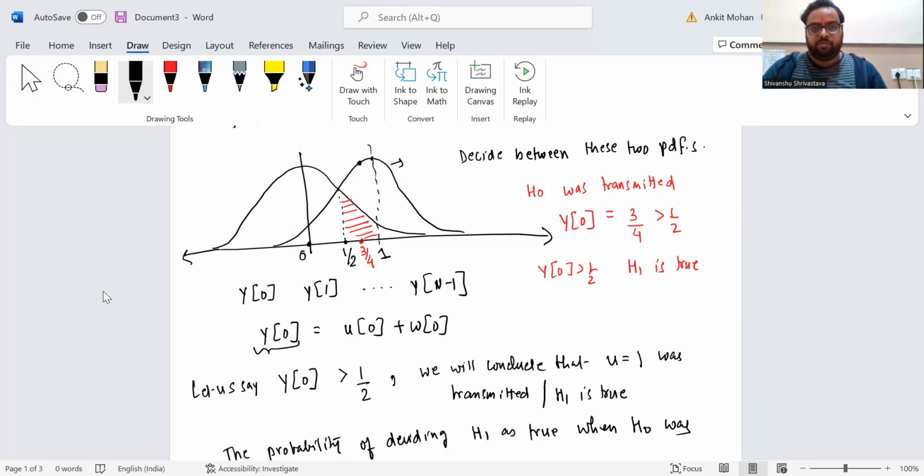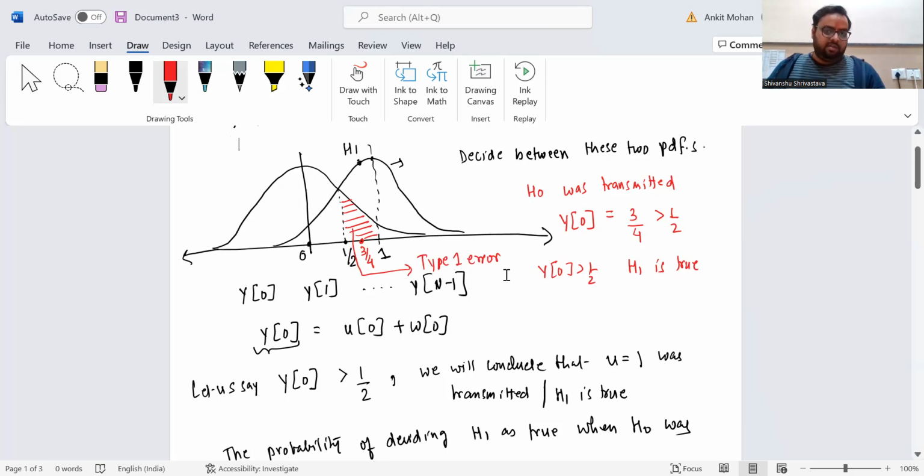When we find the area of this continuous PDF lying in the H1 region, this red part is what we name the type 1 error.